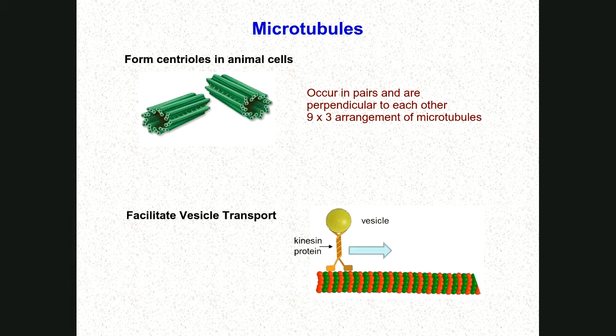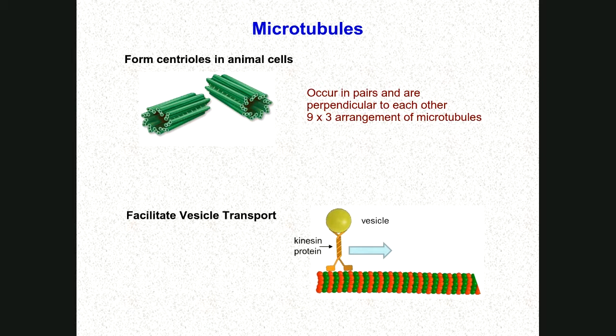If you look at this centriole, they are triplets, 9 by 3. 1, 2, 3 microtubules, 1, 2, 3 microtubules, 9 times. So it's an arrangement of 9 multiplied by 3 microtubules. This is this pair of perpendicular centrioles that you see in the animal cells.